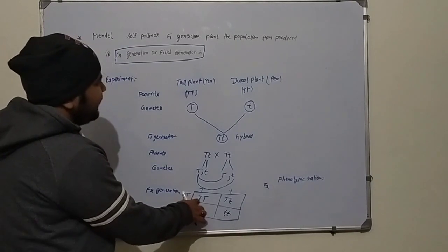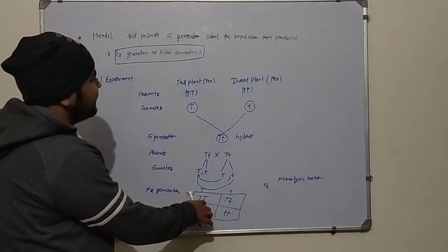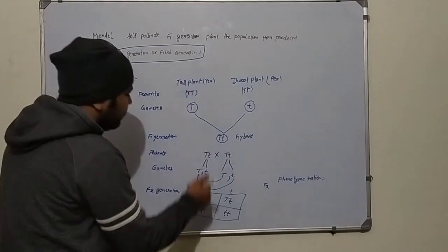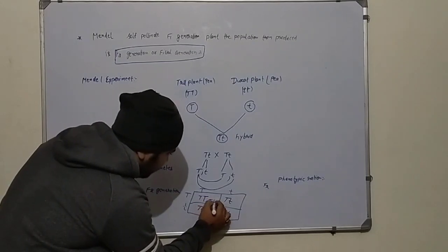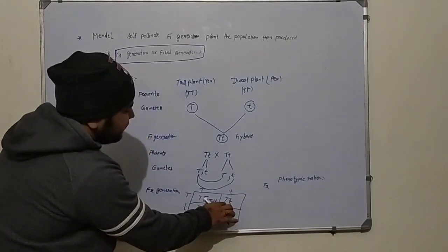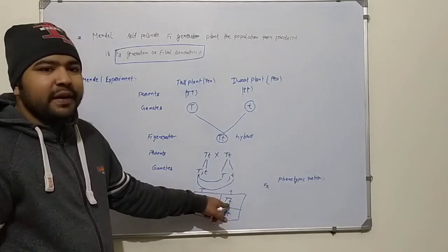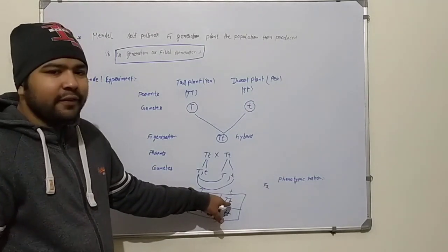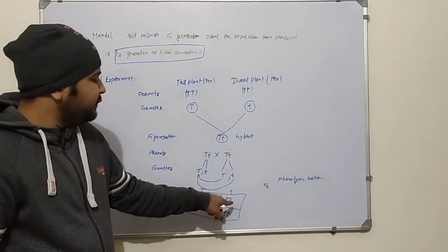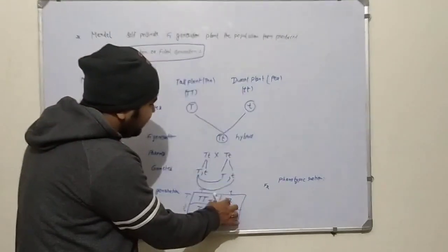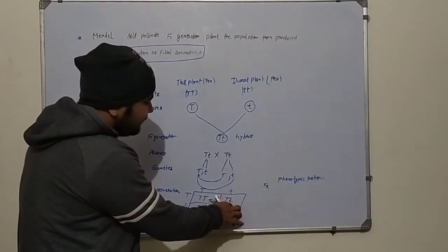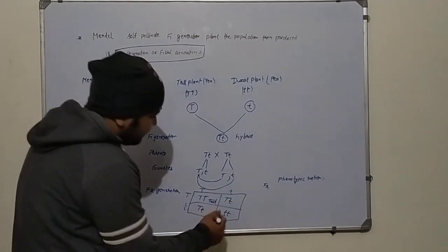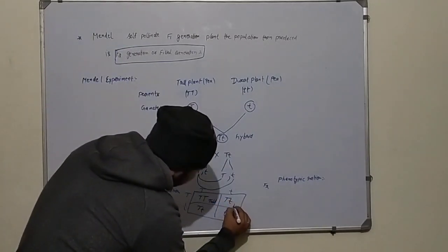This double capital T represents tallness, a tall plant. And this hybrid contains the characters of both parents, tall and dwarf, and tall is dominating over the other trait, so the plant produced is tall.